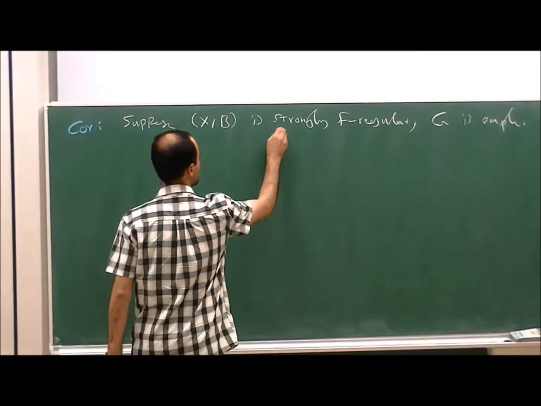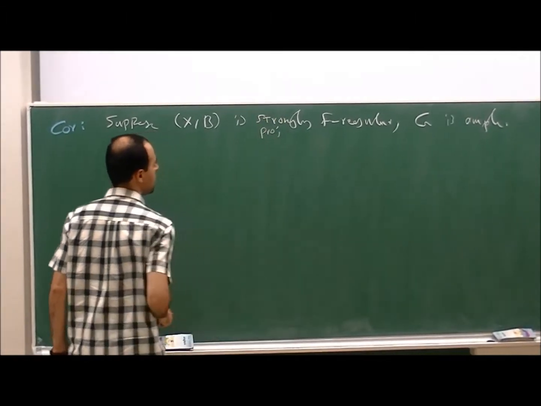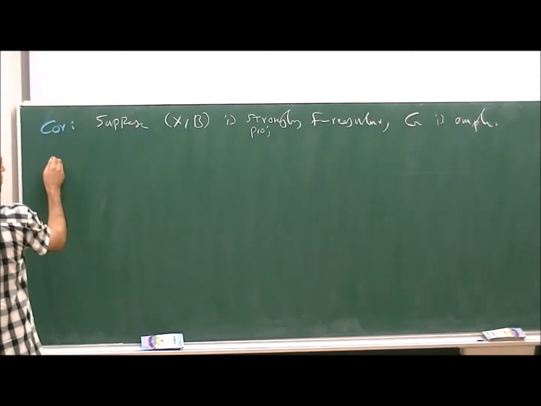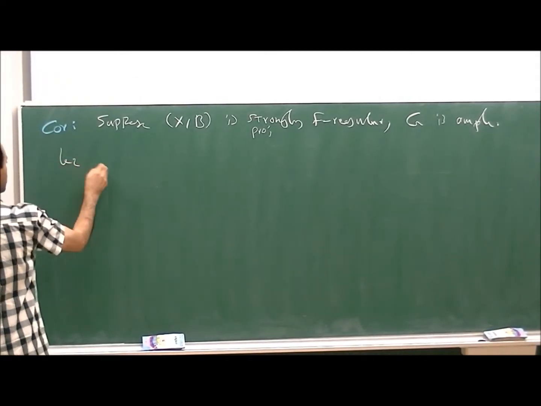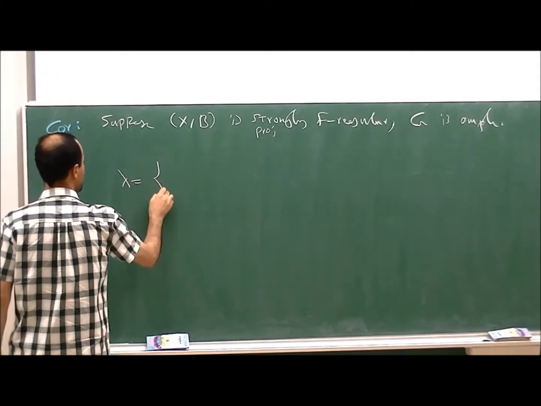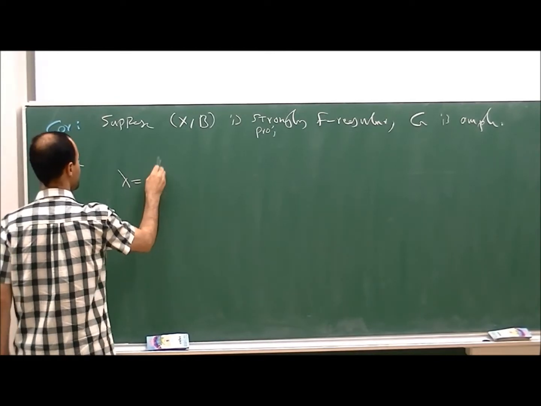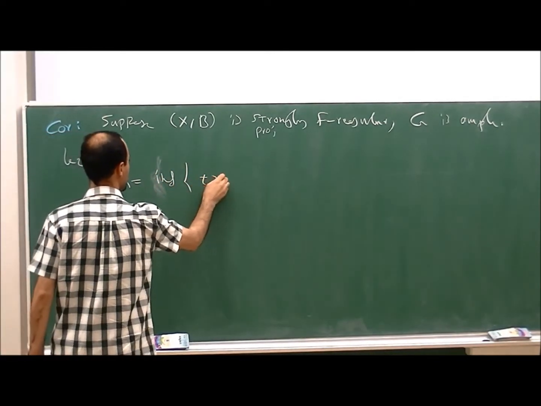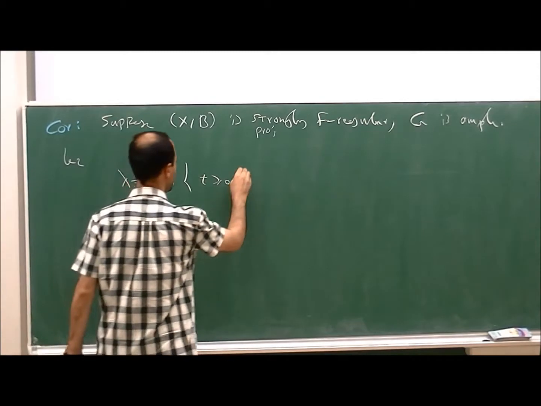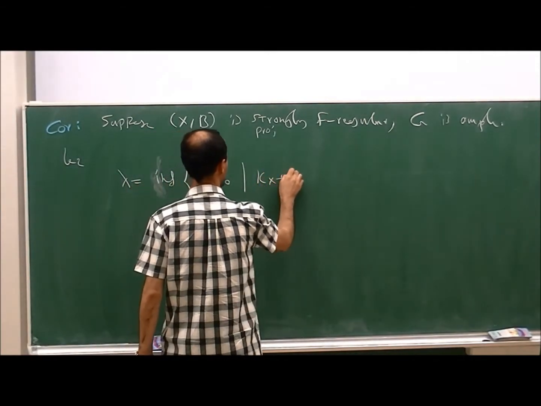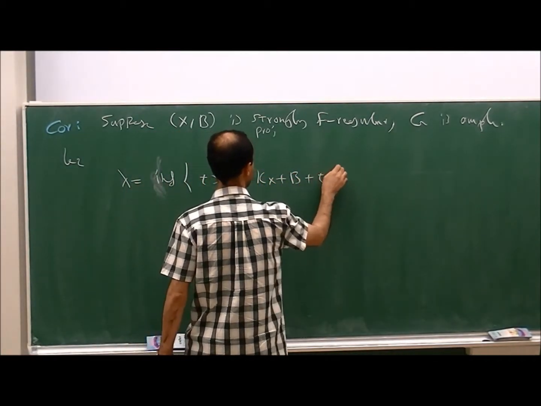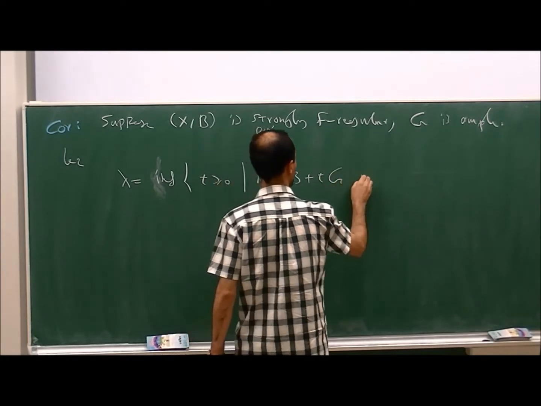So again, it's projective. Now, let's define the following numbers. Suppose that lambda is equal to the infimum of all the non-negative numbers t such that K plus B plus t times this G is nef.